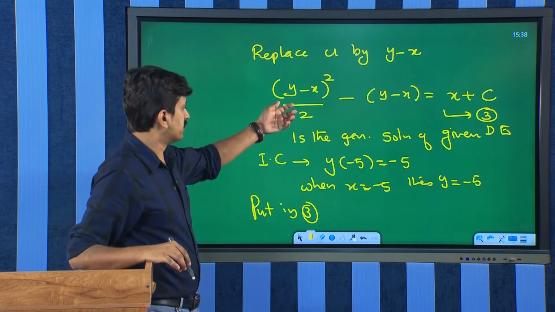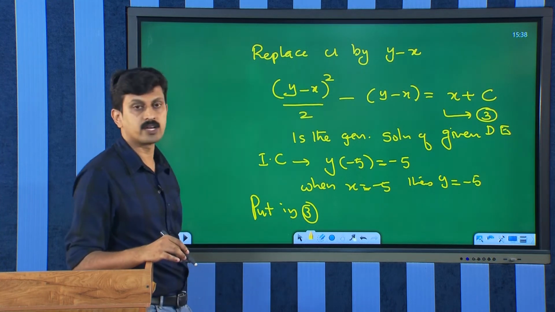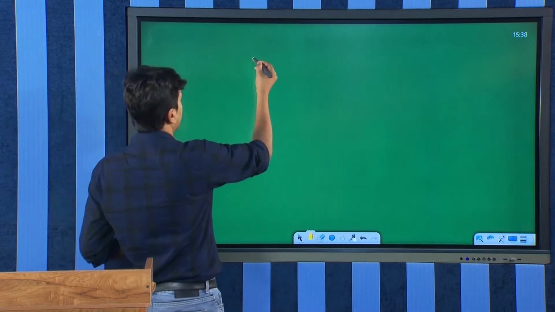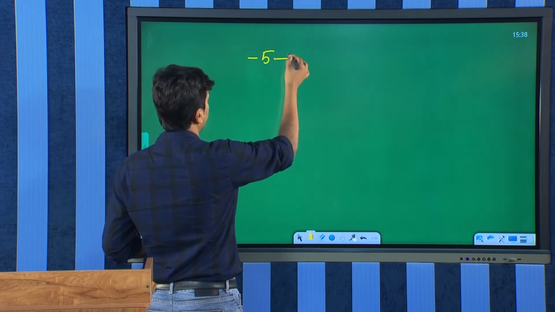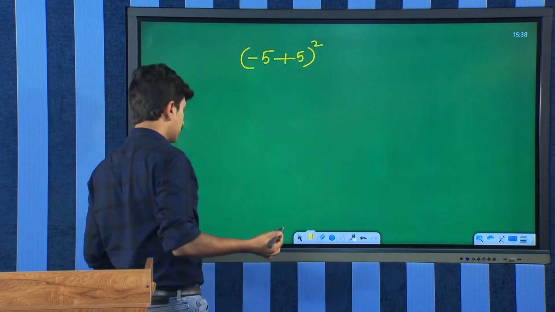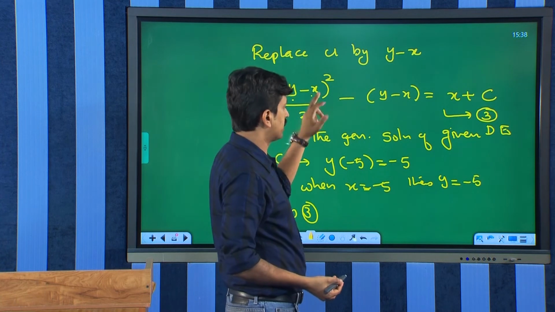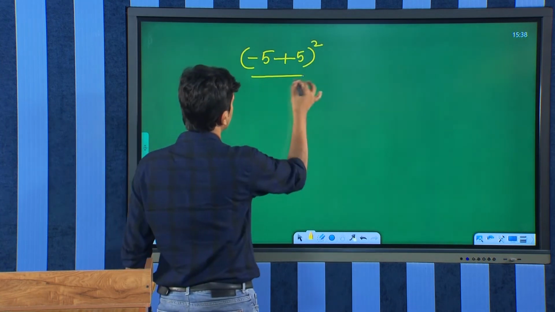See what will happen: instead of y we have minus 5, and instead of x we have minus 5. So we have (y minus x) whole square, that is minus 5 minus minus 5, minus 5 plus 5, whole square divided by 2.